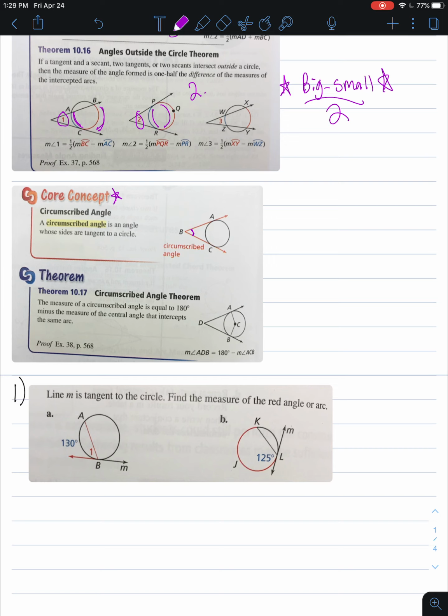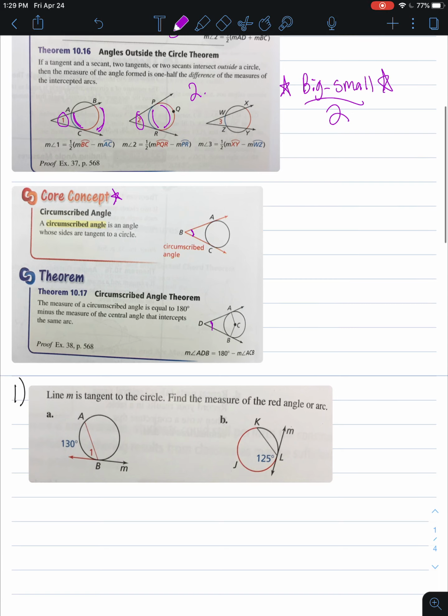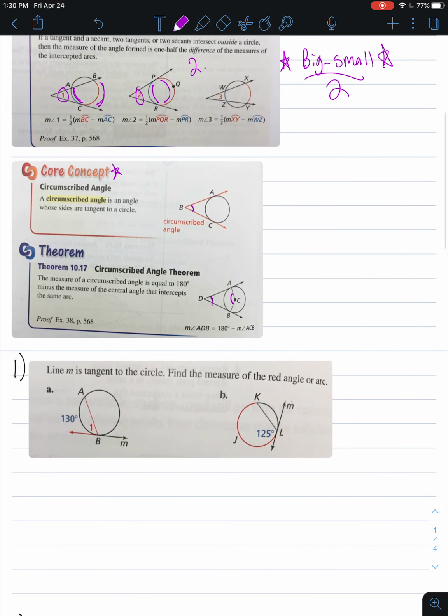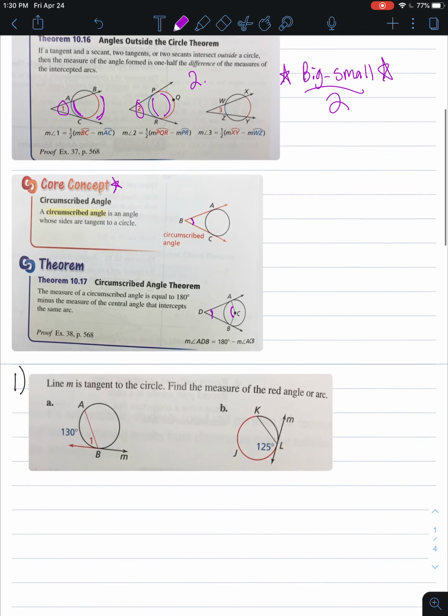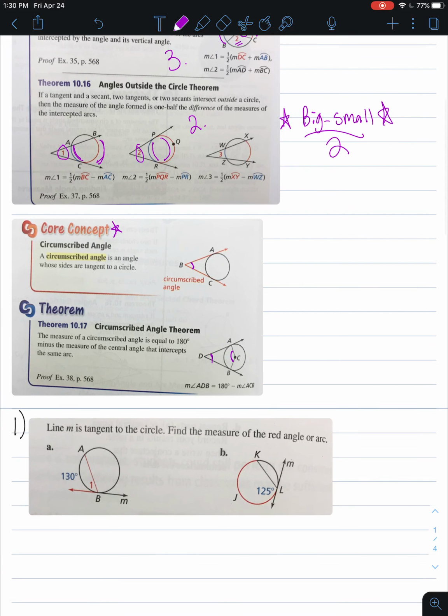So to find the measure of ADB, this circumscribed angle, I can do 180 degrees minus ACB.